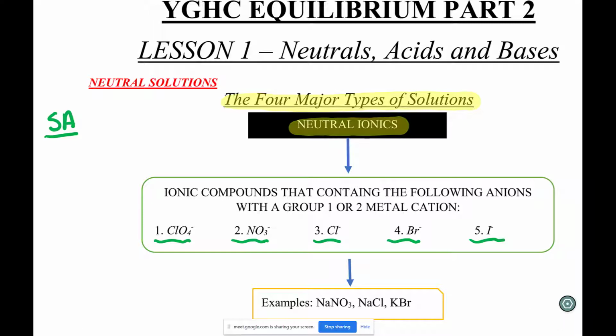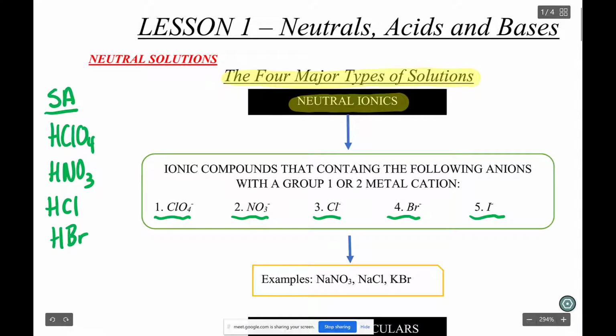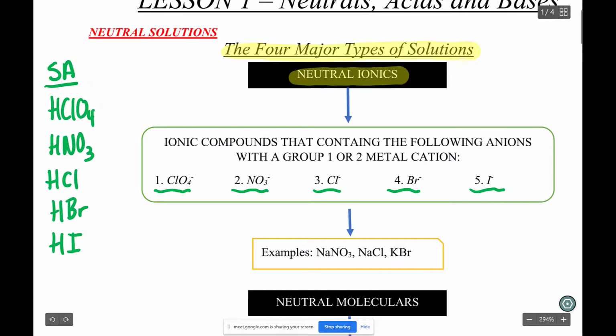So our 6 strong acids are HClO4, perchloric acid, HNO3, nitric acid, HCl, hydrochloric acid, HBr, hydrobromic acid, and HI, hydroiodic acid. Now there is a 6th here, which is not up on this list, and I'm going to write it in a different color, red, because it is very acidic.